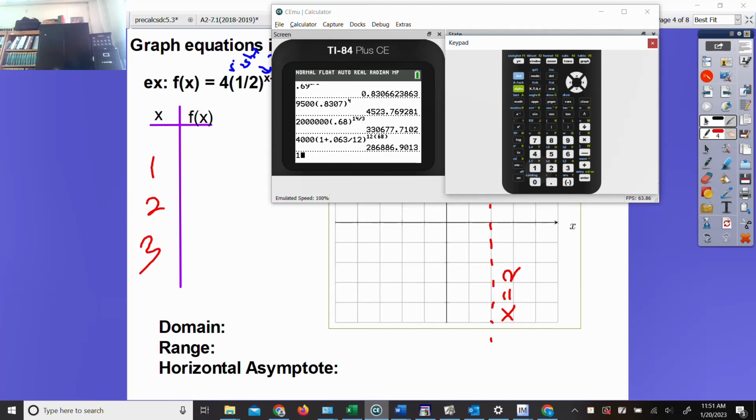I'm going to take a 1. If I look to the left of 1, I'll see this key that says STO. It's for store. Then I'm going to hit the X key, right next to the alpha. X. Then we'll press enter. Then I'm going to type in the equation. The equation was 4 parentheses 1 over 2.